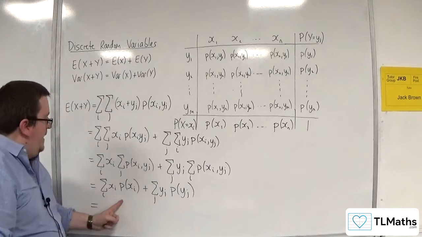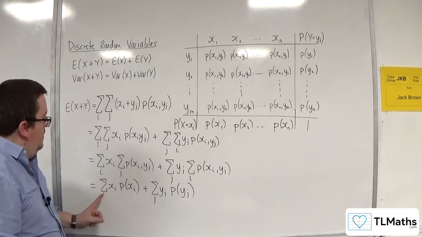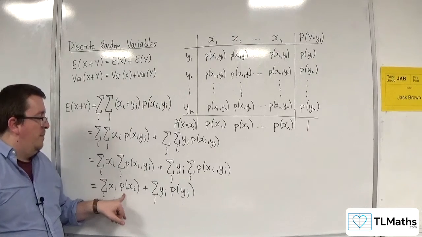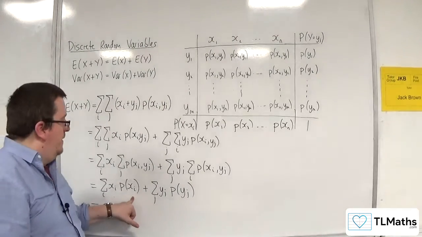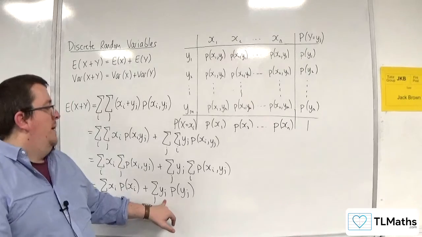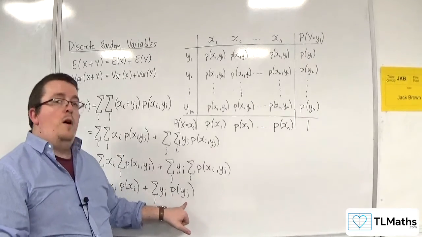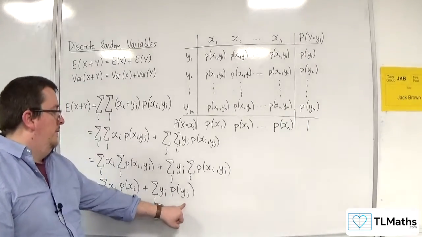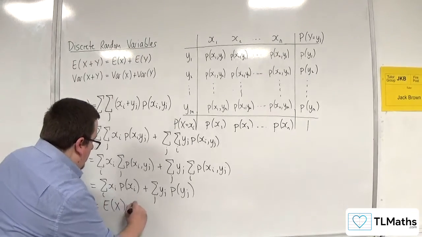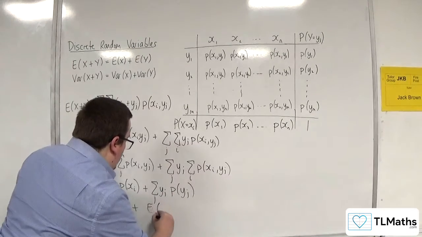So what I've got here is the summation of the x's times the probability of x being equal to xi. And here is the summation of the y's being multiplied by the probabilities of y equaling the y's. That is E of x. That is E of y.